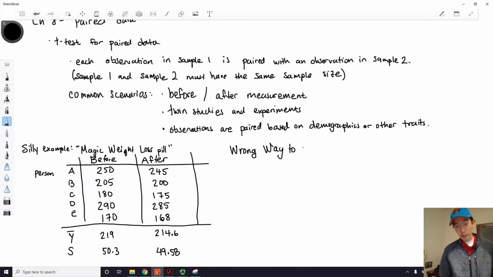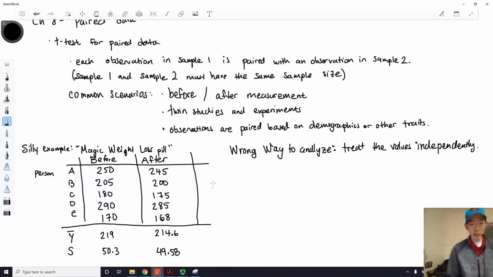The wrong way to analyze is to treat the values independently. The wrong way would be to say that we have two populations: a before population and an after population.